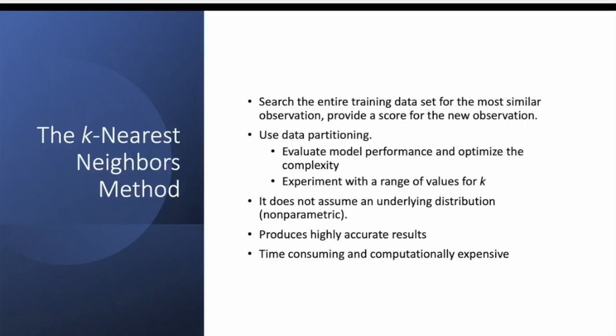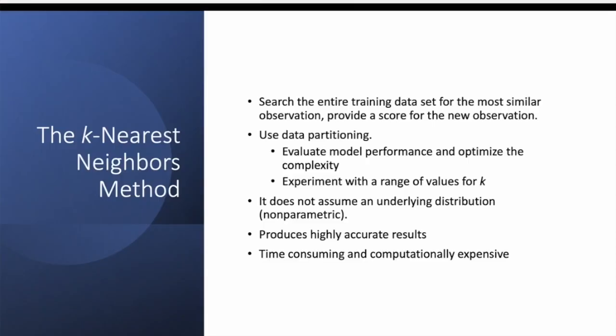Because the KNN method is a supervised data mining technique, data partitioning is used to evaluate its performance and to optimize model complexity. The model complexity is defined by the optimal value of K that we have to use in this problem. The nearest neighbor observations are identified in the training data set.